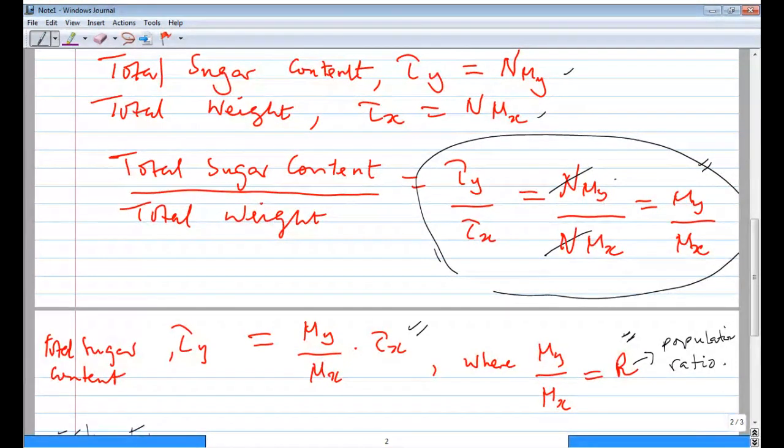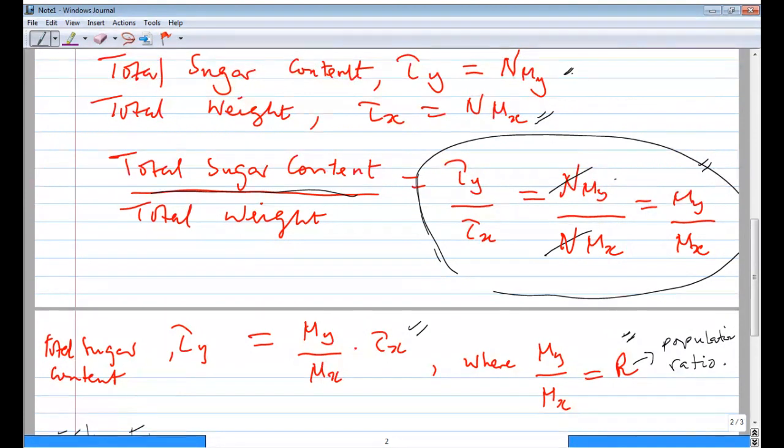Total sugar content is equal to this one. And again, total weight is equal to this one. So if you want to divide the total sugar content by total weight, this is what we did, isn't it? Then we find this one. So from here again, you can find that.